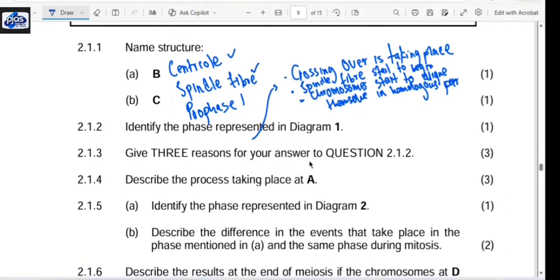So now they say describe the process taking place at A. Here, good people, we are going to describe crossing over.